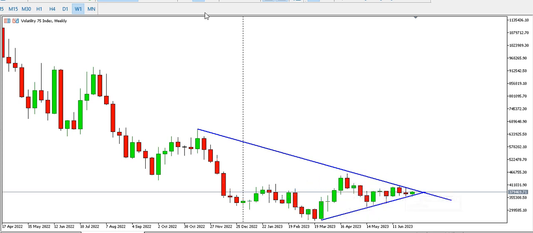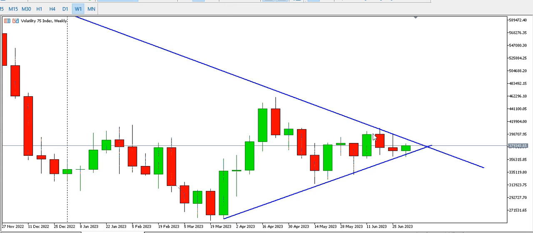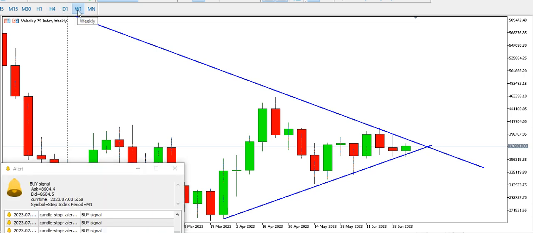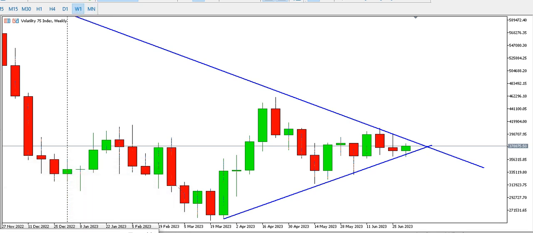But for now, the range is still in progress. You can see price might likely get to this tipping point to drop or get to this point to rise. But for now, it's ranging, and I'm sure range traders will be booking a lot of profits for now as price continues to range for weeks.